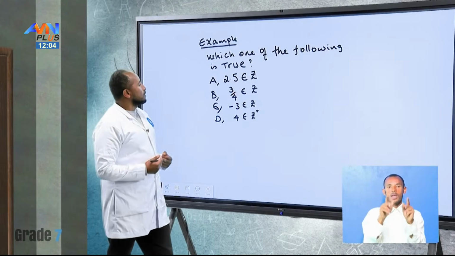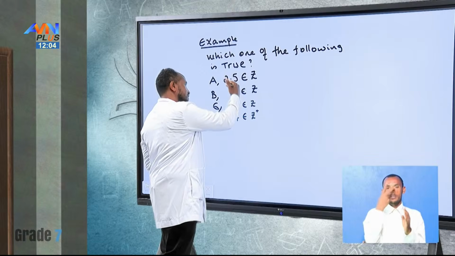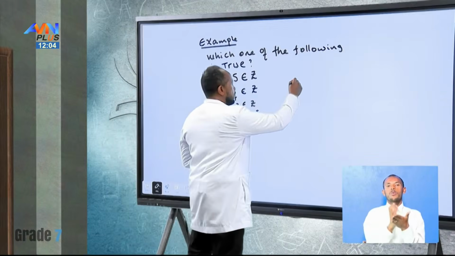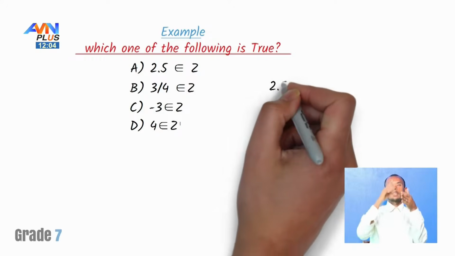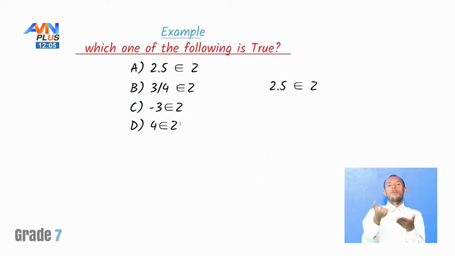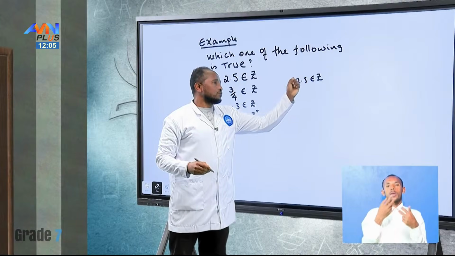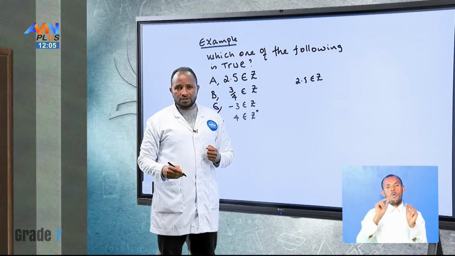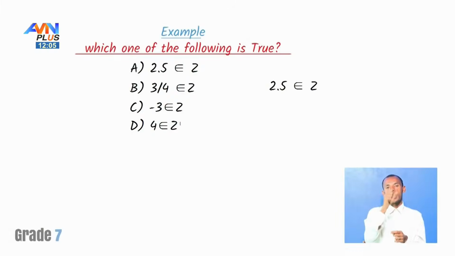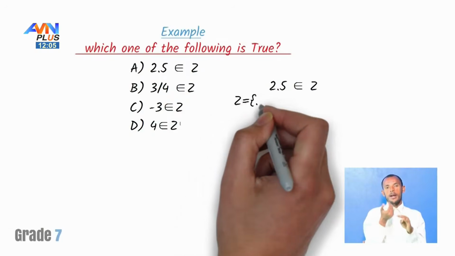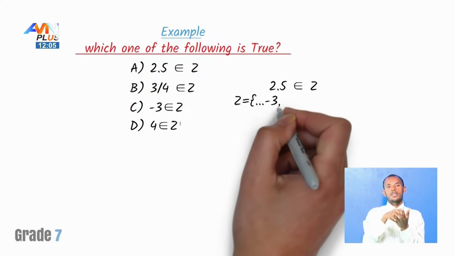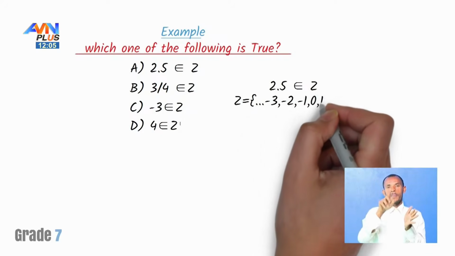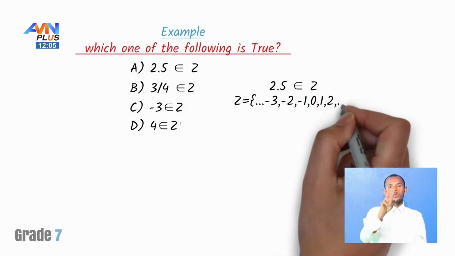Okay. Now, let's check each choice one by one. Take 2.5: is 2.5 an element of Z? Do we have the number 2.5 among the integers? No, we don't. As we listed earlier, the set of integers contains numbers such as -3, -2, -1, 0, 1, 2, and so on.